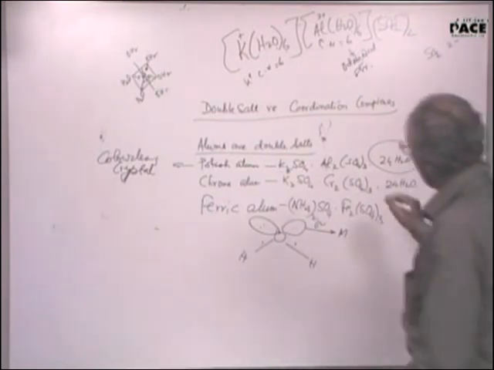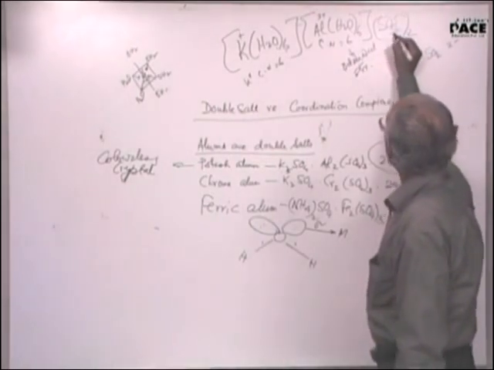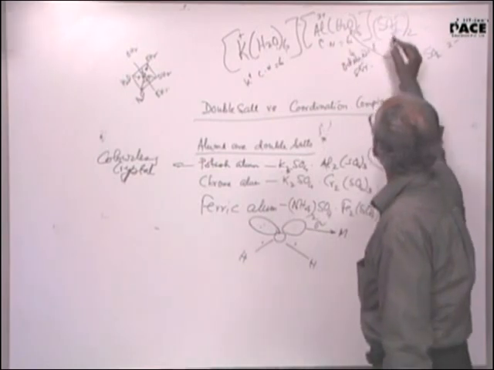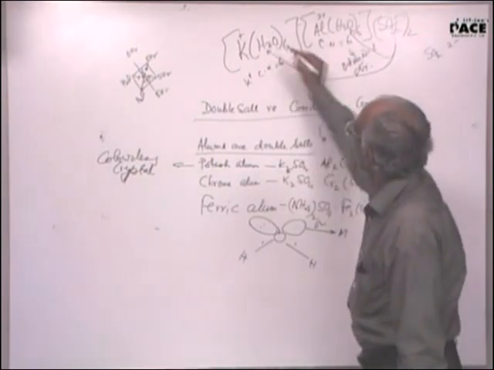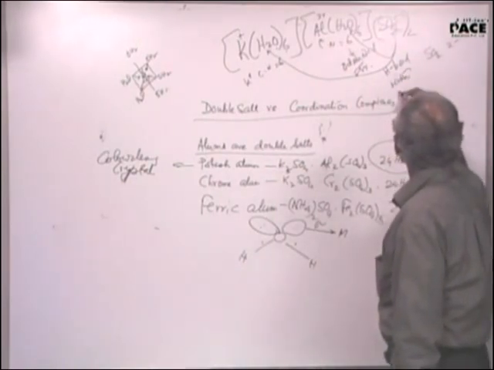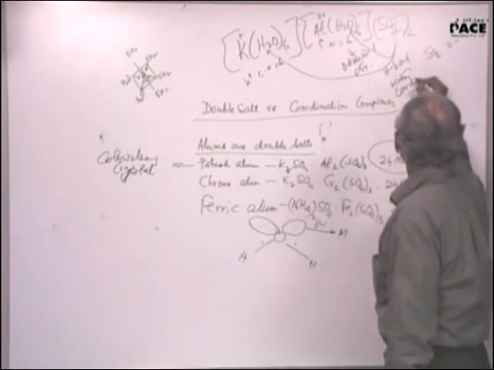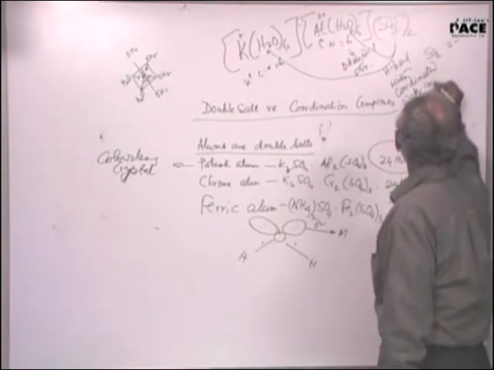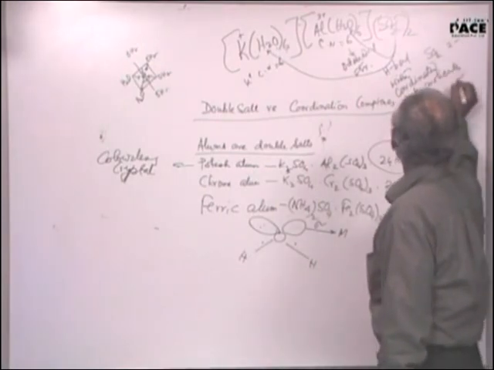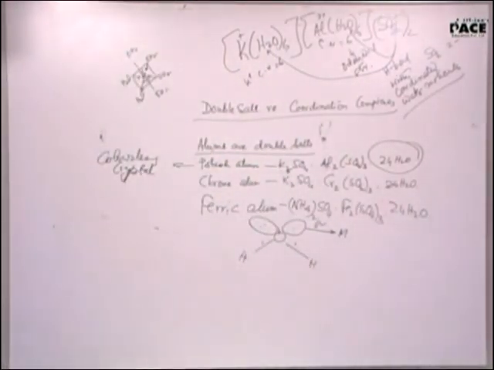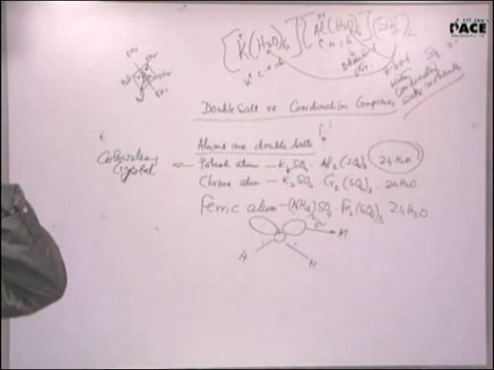The sulfate ion, the sulfate oxygen, forms a hydrogen bond. The structure is stabilized due to this.